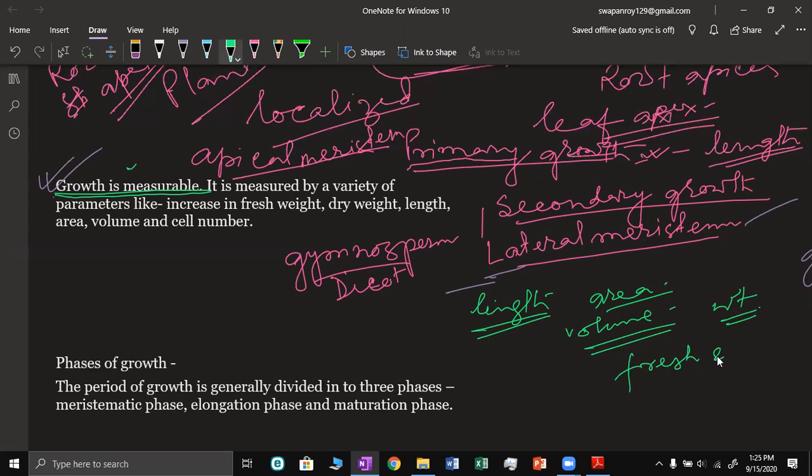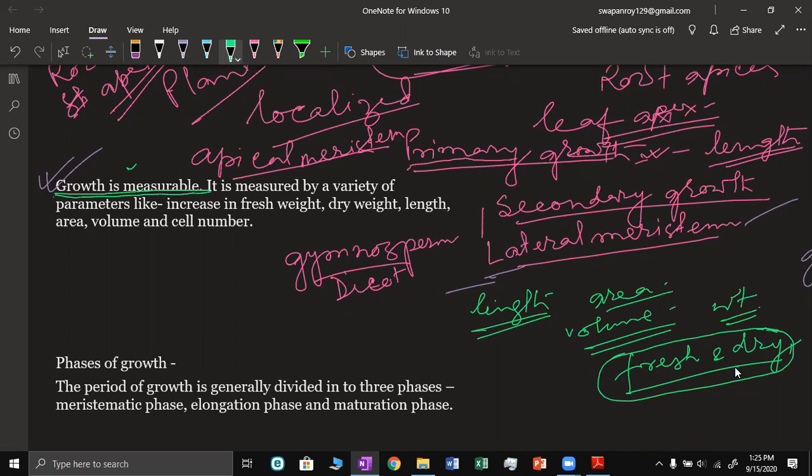Fresh weight means the weight before drying the plant parts. After drying the plant part, almost all the water is evaporated and the volatile substances are evaporated. Whatever weight remains is called the dry weight.